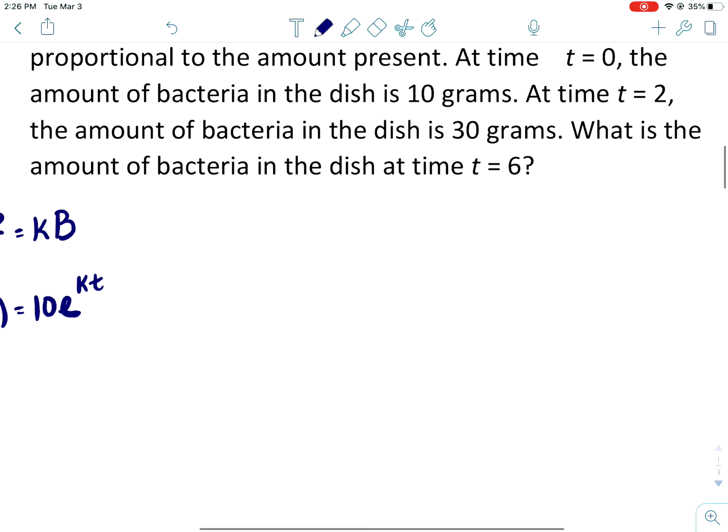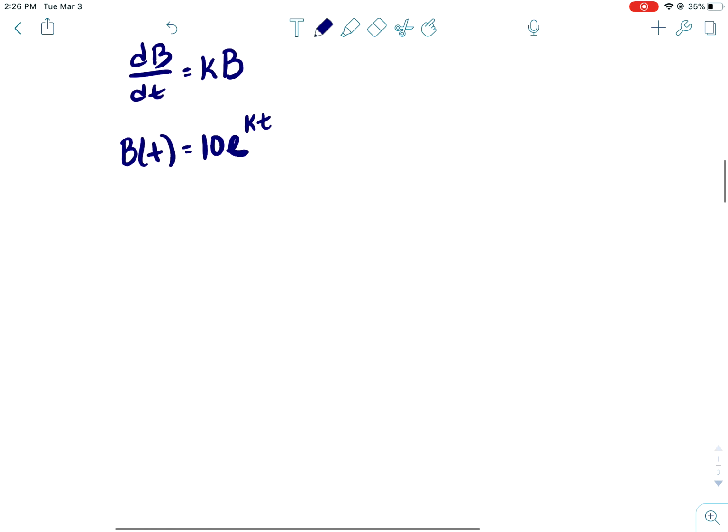So we know that at time 2, the amount of bacteria is 30 grams. So what we would do is put 2 in for time and 30 in for B. And we're going to solve this for k.